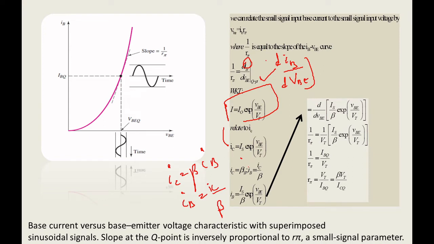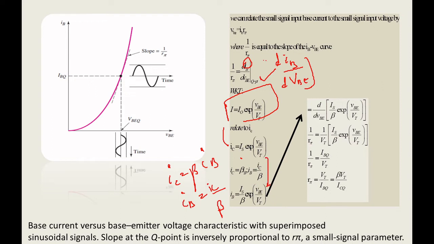I already said the IB equation is IS by beta exponential of VBE by VT. With this relation I have rewritten the IC equation. IC is your IS exponential of VBE by VT. So you have the relation IC equal to beta times IB. So IB is nothing but IS divided by beta exponential of VBE by VT. So this is the equation I am getting.